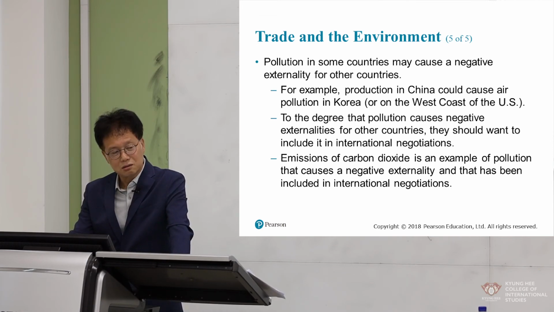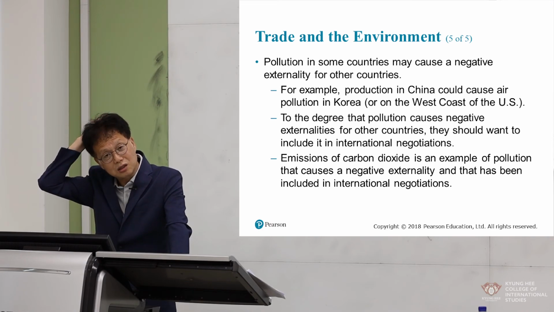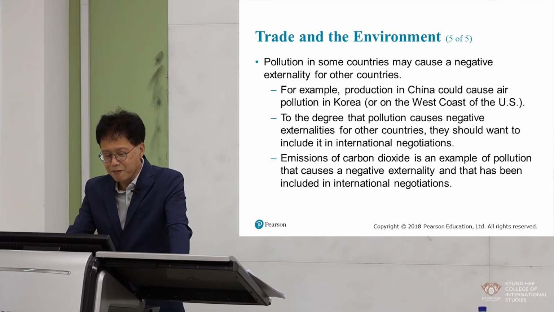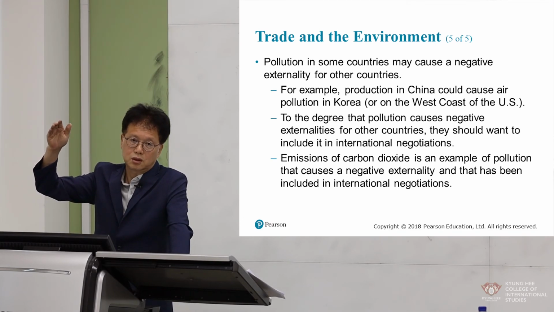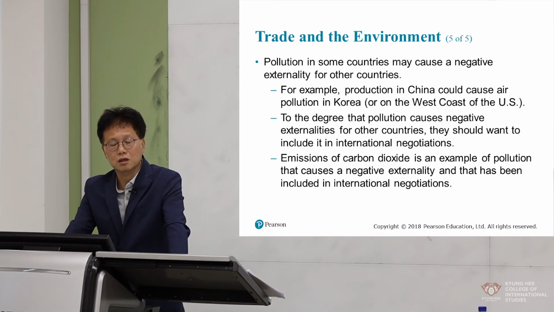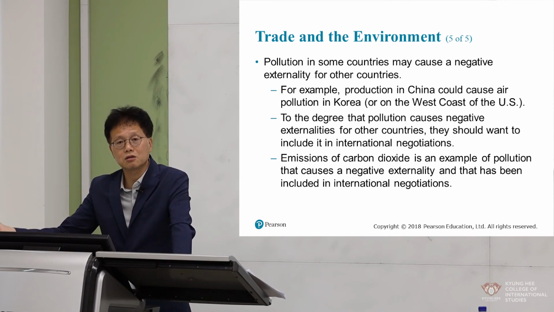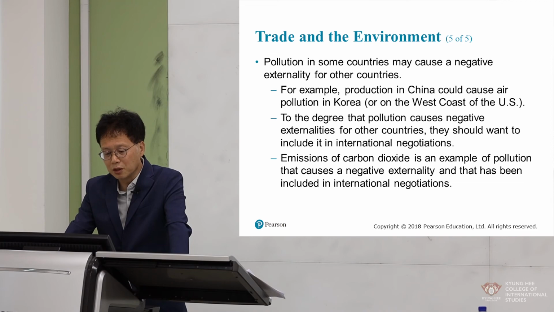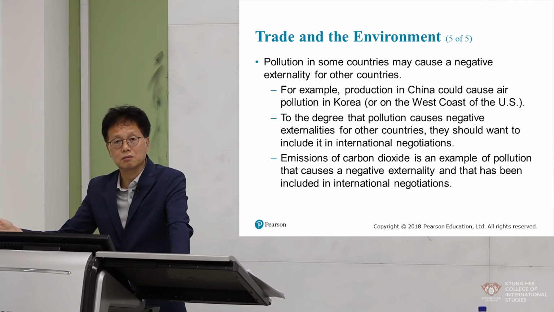And about 50 years ago, in the 1970s, Korea emitted lots of pollutants at the time. In the southeastern area, right? At the time, Korea started petrochemical industrialization, right? Lots of companies in Busan, Pohang, Ulsan, right? And lots of pollutants flowed into Japan. At that time, the Japanese government wanted to solve this kind of problem internationally, right?